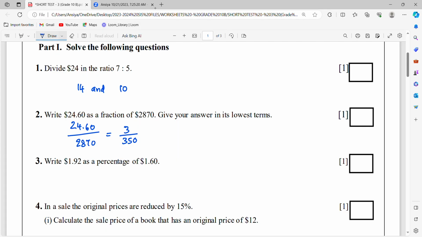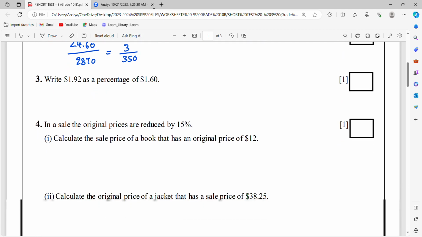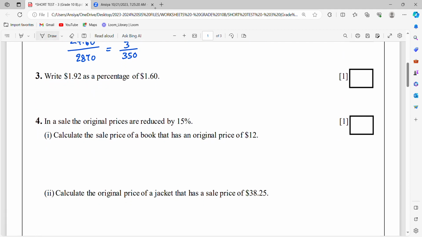Moving to question number 3. Write 1.92 as a percentage of 1.60. When you see this as a percentage, this is how it is: the first number divided by the second number times 100. Basically we are writing a fraction and converting it into a percentage.